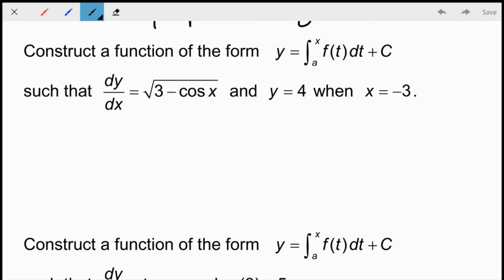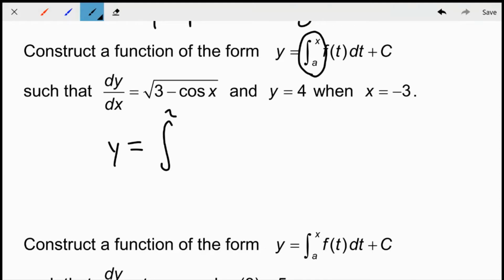So let's say we want to find the y function. Well, again, we can't find the antiderivative. So what we do is we write our solution as an integral. And we're going to force our solution to go through the point negative 3, 4. Notice up here, this says our integral should be written in the form that it goes from a to x.